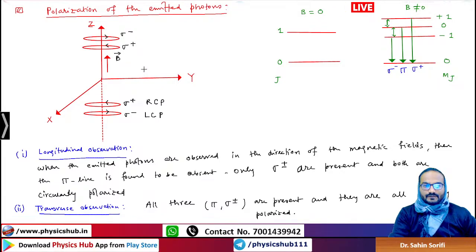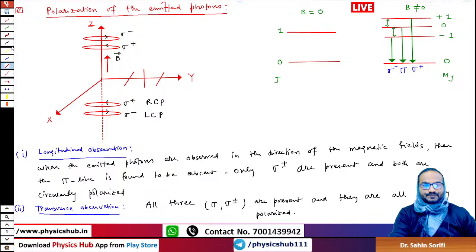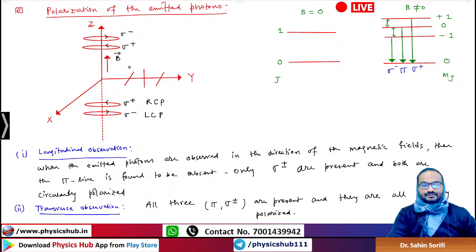So in the direction parallel, this will be your pi, and in the perpendicular direction you will have sigma. They are all linearly polarized. Okay, this is sigma plus, this is pi, this is sigma minus.